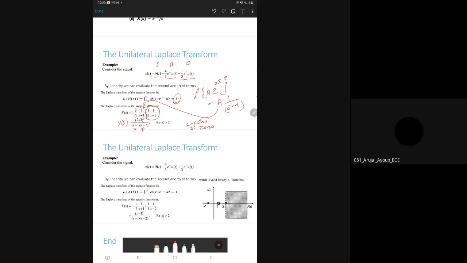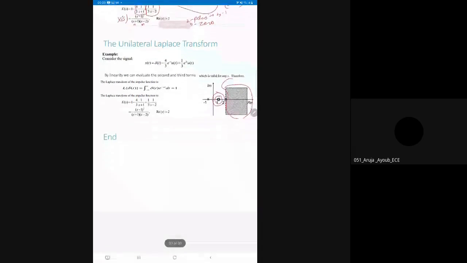Suppose one pole is at s equal to 2 and the other is at -1. The rightmost pole will determine the region of convergence, so it will be 2. And you have two zeros. Two zeros means concentric circles, meaning you have two zeros at the same point. This is how we can determine them.